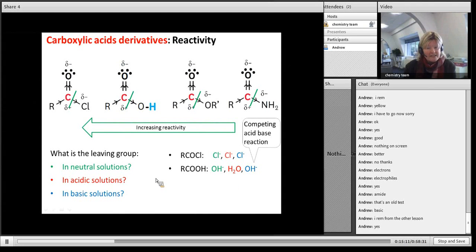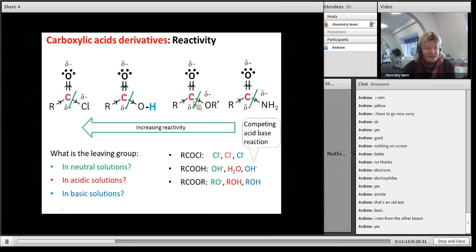What about an ester? An ester is very susceptible to acid and base. So if you think of polyester material, it's a polymer made from esters, and that's because when I have it in acidic solution, my OR protonates with the acid to give an alcohol, a neutral species.